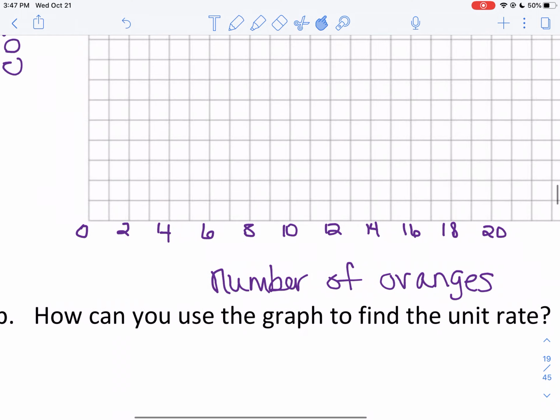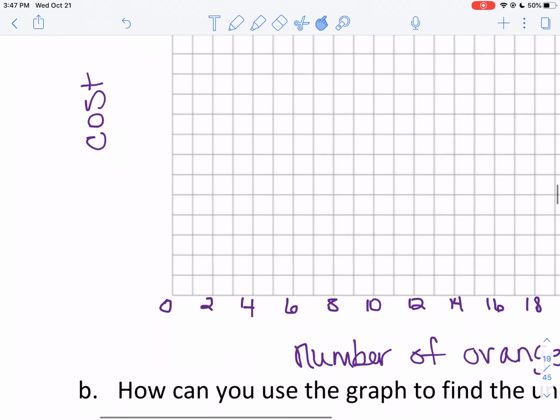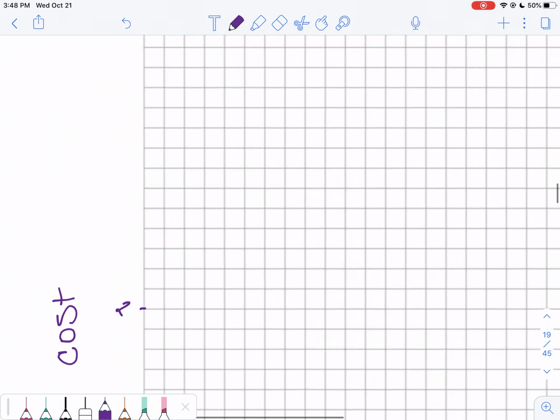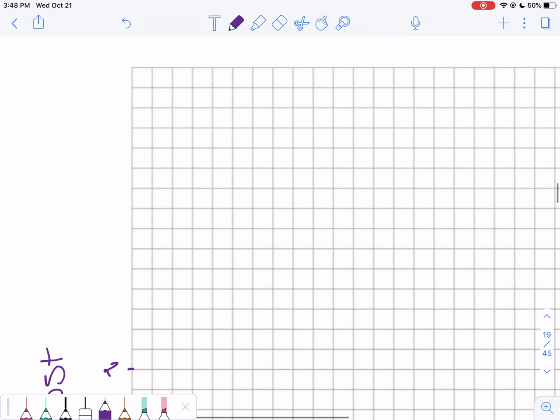And then up the side, so the cost, we're gonna start there. So 1, 2, 3, 4, and then 5 is all the way up here.